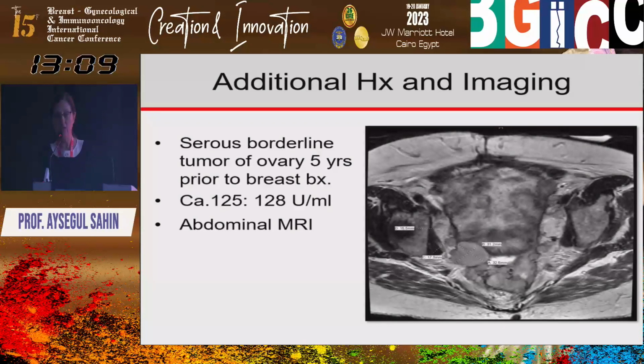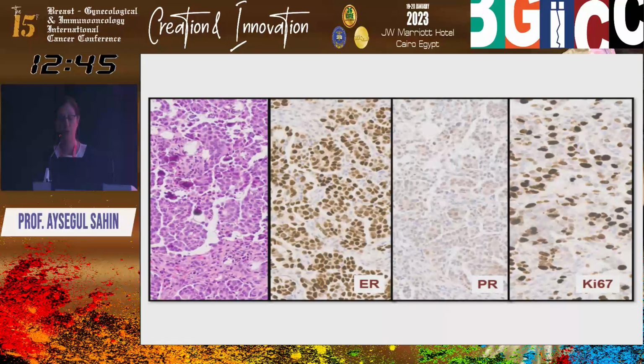And when we checked for additional history, the patient had a serous borderline tumor of the ovary 5 years prior to her breast biopsy. And she had a very high level of CA-125, and her abdominal MRI showed multiple mesenteric nodules and retroperitoneal lymph nodes.